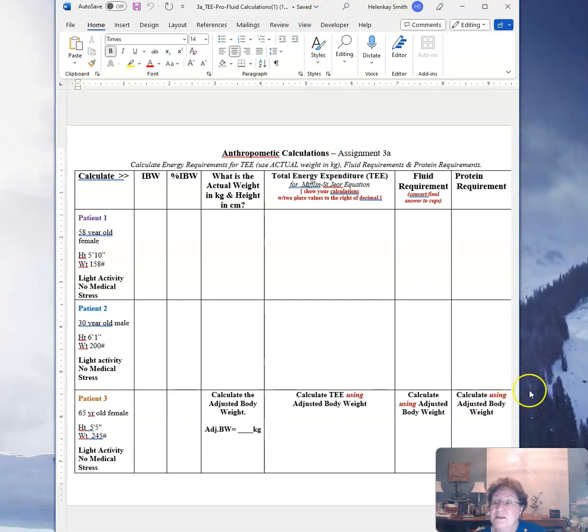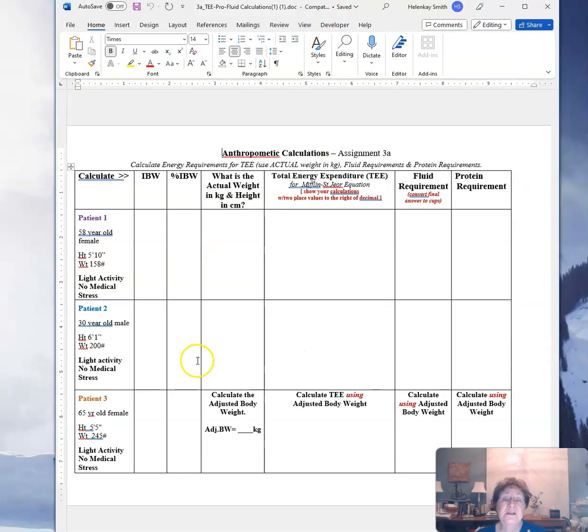Okay. And so you'll recognize this from last week's assignment. You had to fill in the first three columns: ideal body weight, percent of ideal body weight, and the actual weight in kilograms and height in centimeters. And then you also had to calculate adjusted body weight in kilograms for our third patient.